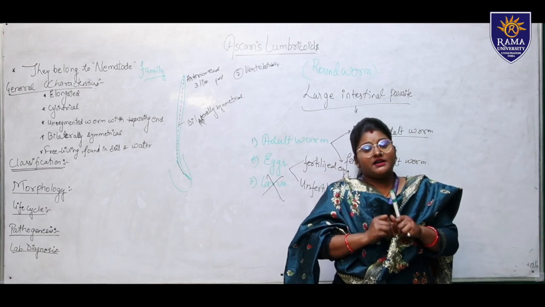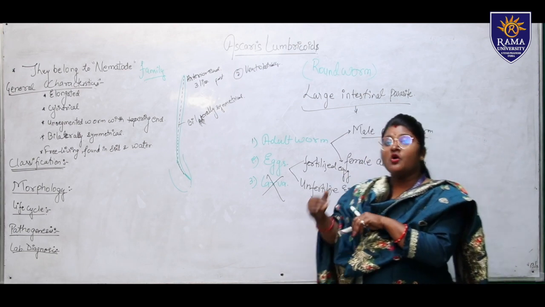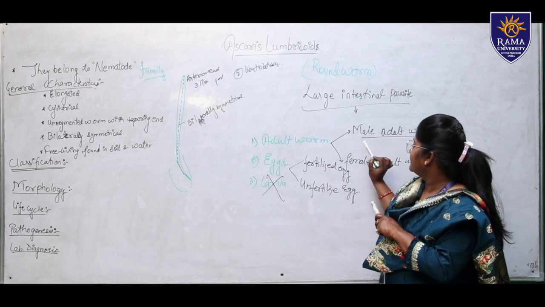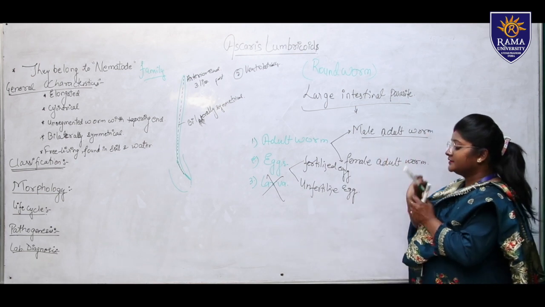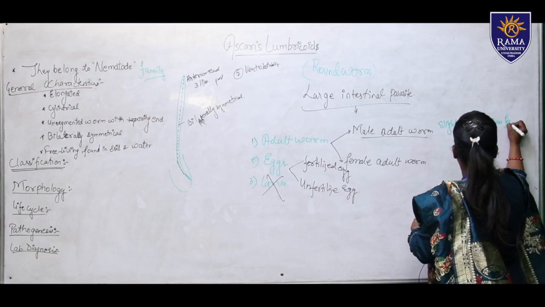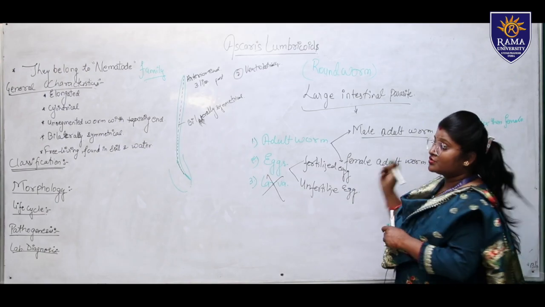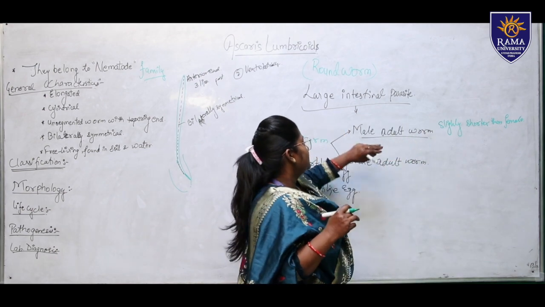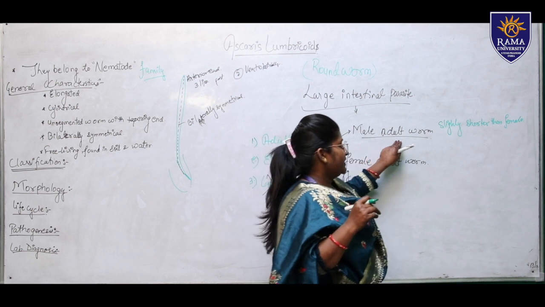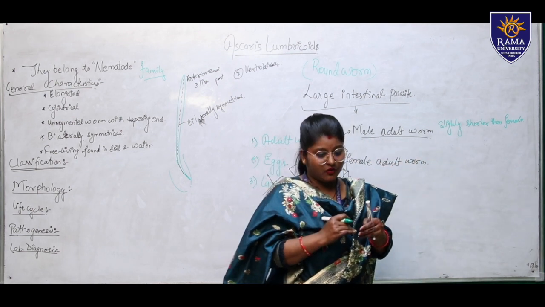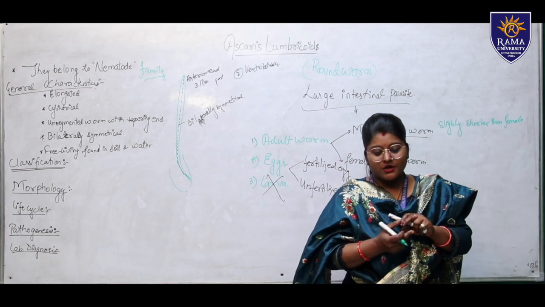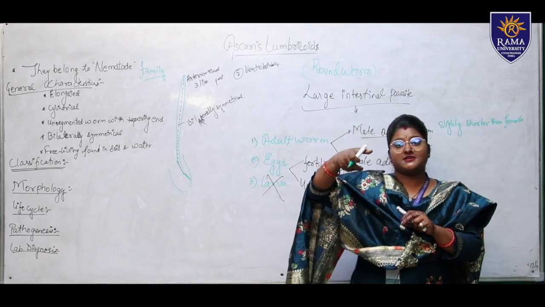The male worm is slightly shorter than the female worm. The most important and most common thing in these parasites is that the male worm is slightly shorter than the female worm, and the posterior end is curved ventrally to form a hook-like structure.